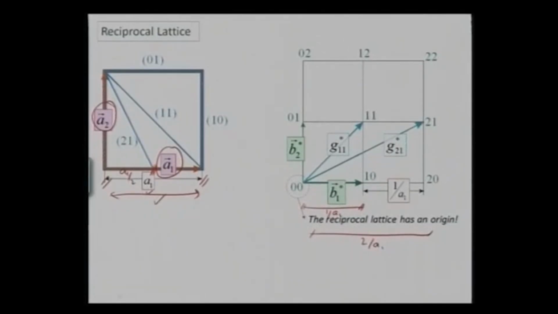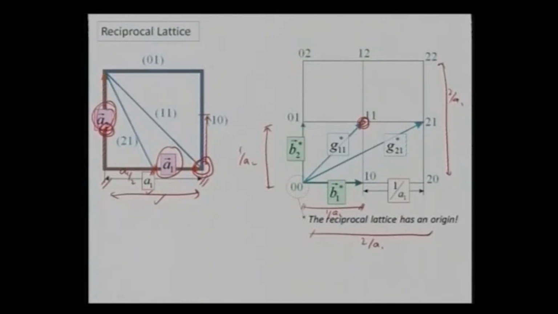Similarly, A2 becomes 1 by A2, something like this. Any point out here in the center part, this particular length now becomes 2 by A2. So that's how the reciprocal lattice gets constructed. So I had this 1 1, this particular point, this now becomes this particular point.